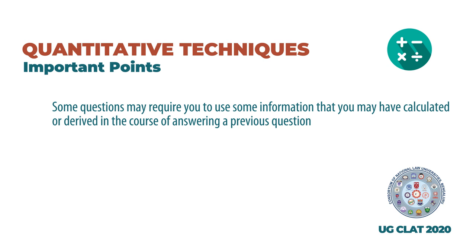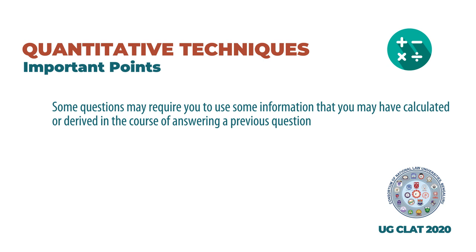Quite often, a later question in any set of questions in the Quantitative Techniques section of the UG CLAT 2020 will require you to use some information that you may have calculated or derived in the course of answering a previous question.